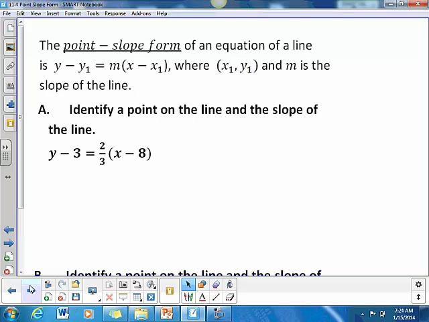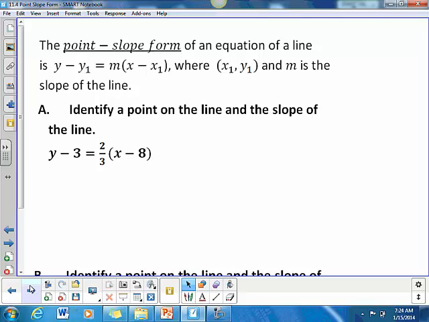The point-slope form of an equation of a line is y minus y1 equals m times the quantity x minus x1. You should remember that x1, y1 are just an ordered pair, the x and the y term of an ordered pair. And m is the slope of the line.